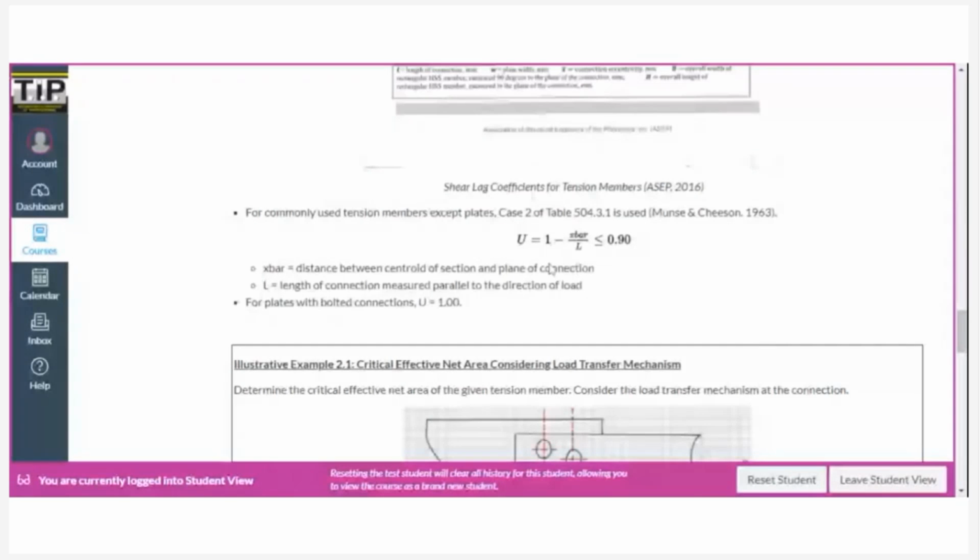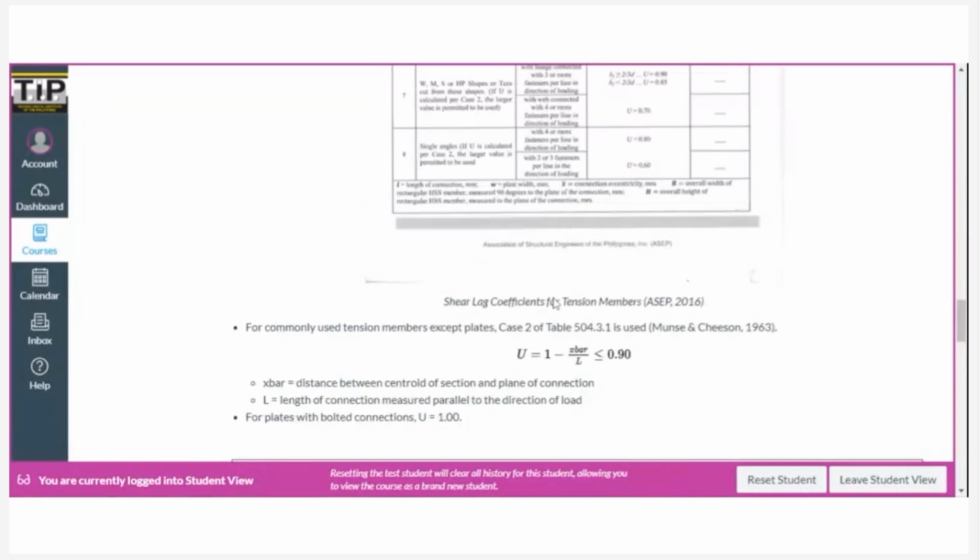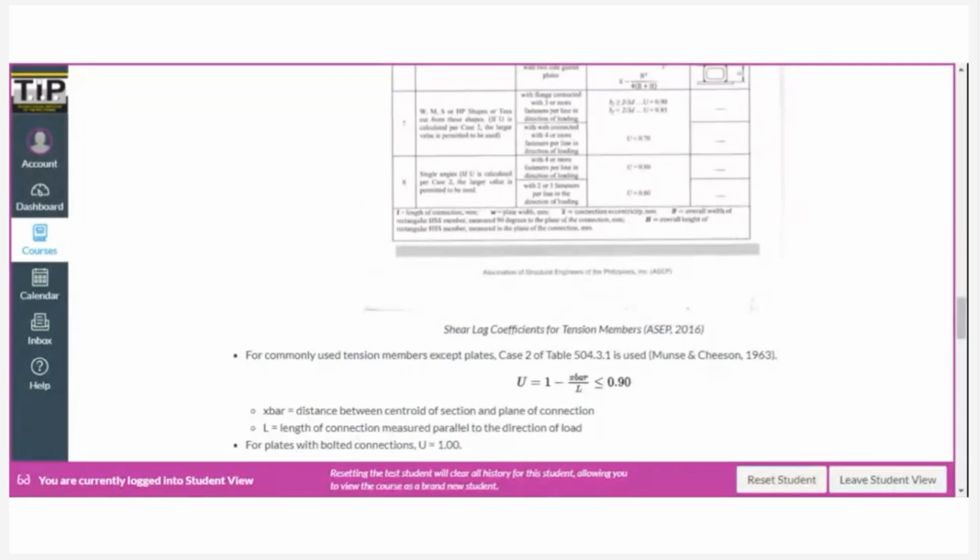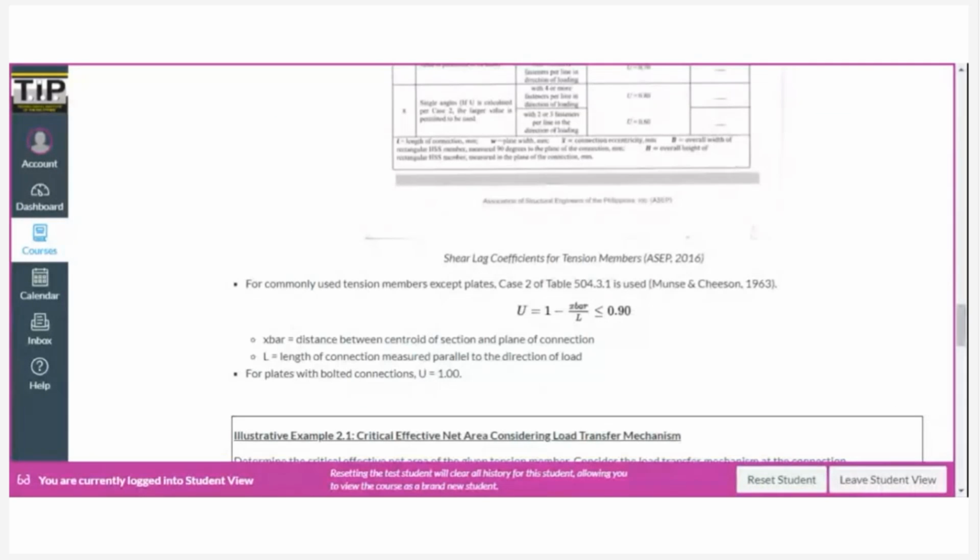Okay? And the L is the length of connection measured parallel to the direction of the load. Okay? So center to center, length of connection. I'll just show you an example later on how to apply this one.